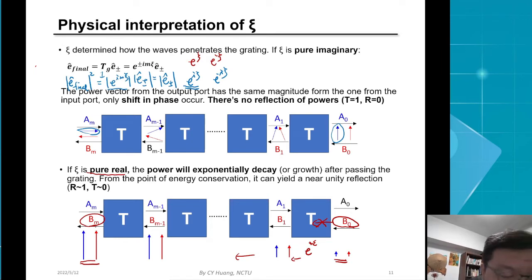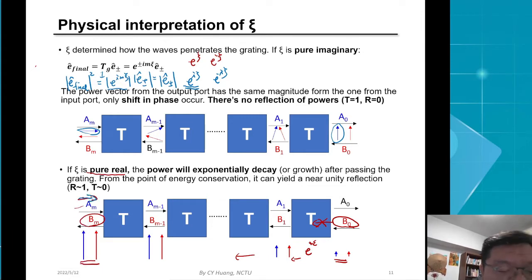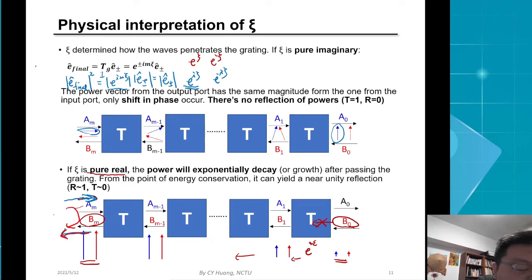So how do we get a high output power leaving from the left side? It can be caused by the input power from the right side, and input power from the left side as well. That means we have a strong input and a strong output from the same port, and this is caused by a very strong reflectivity.